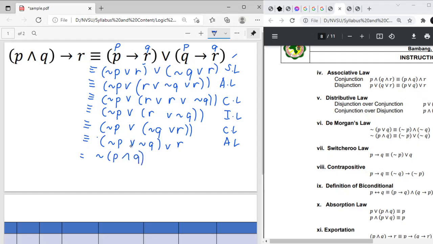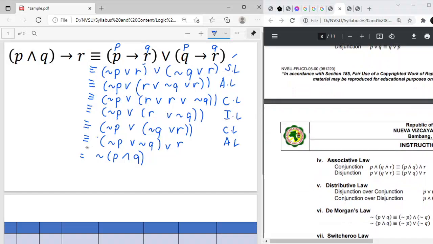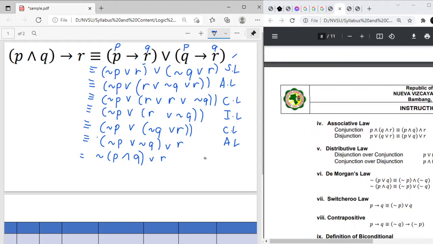Notice here that from disjunction, naging conjunction, and then we have the disjunction with R. Again, not (P and Q) or R. Ano bang ginamit natin dito? De Morgan's law.